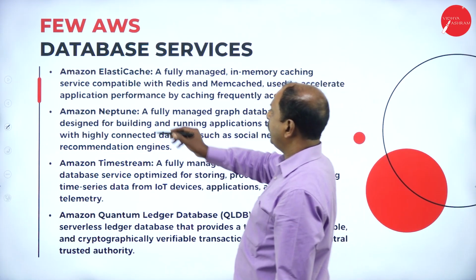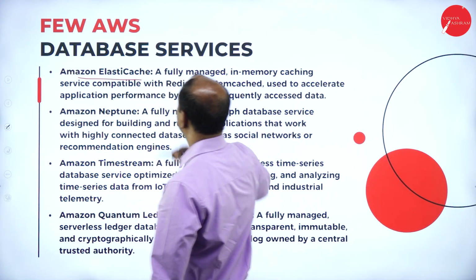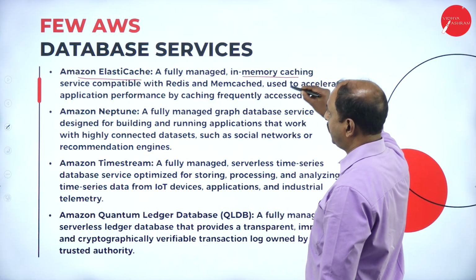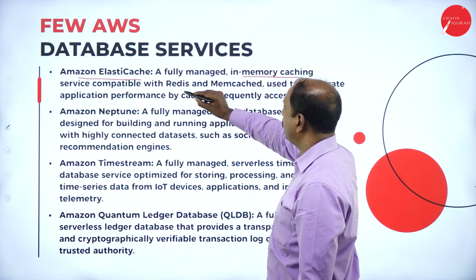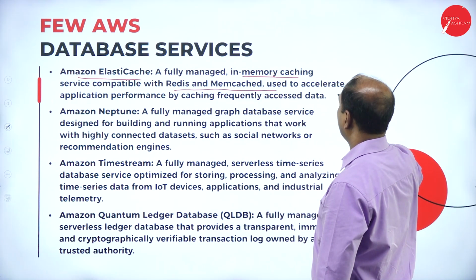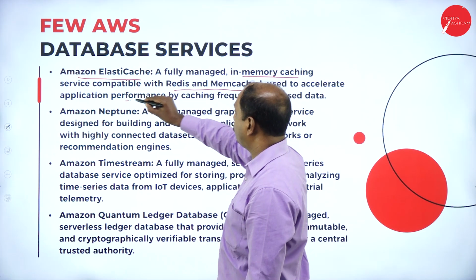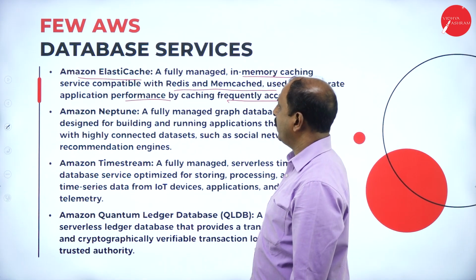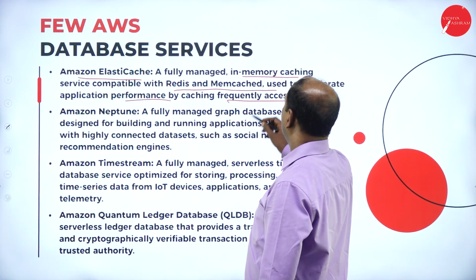Next one is Amazon ElastiCache. It is a fully managed in-memory caching service compatible with Redis and Memcached, used to accelerate application performance by caching frequently accessed data. We have learned in our previous session about Memcached.